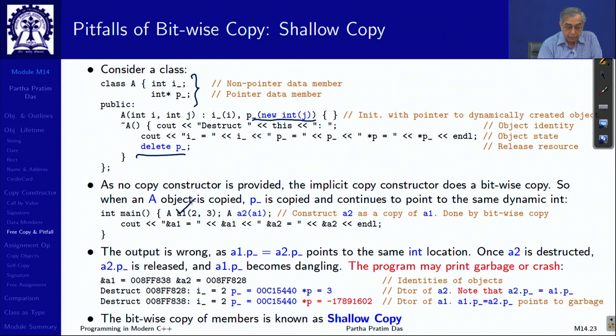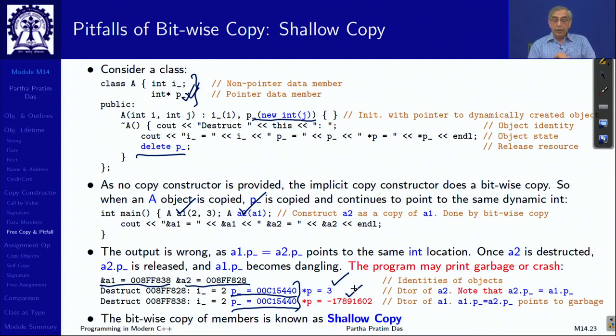I have two objects, one originally created, the other a copy of that, created by bit copy, shallow copy. When I print the addresses of these two objects, I find they are different objects. But when I go deep and print the pointers, this particular p underscore pointer has also got copied. So, they have the same values, and both of them point to the same location.